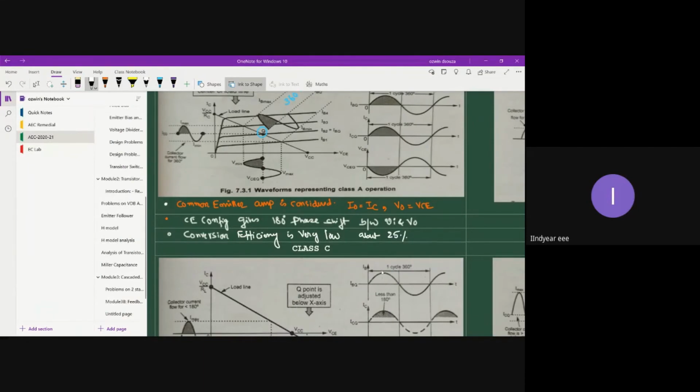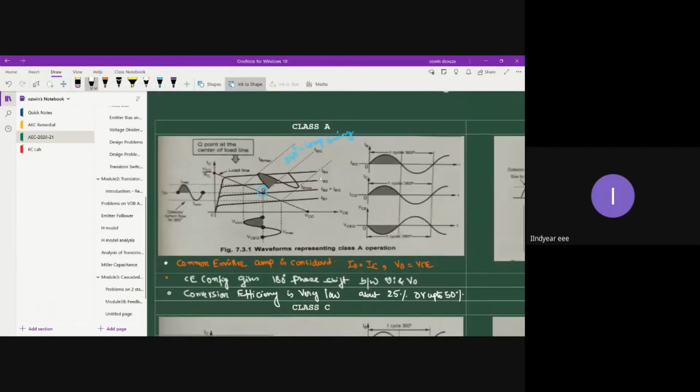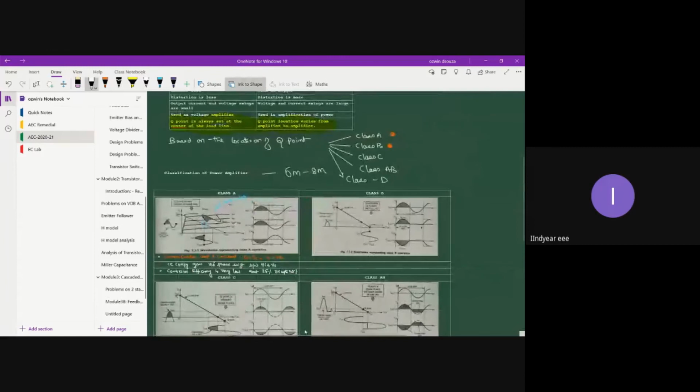The conversion efficiency is about 25%, and with a transformer, you can increase it up to 50%. That's the maximum conversion efficiency you can expect from a class A power amplifier. I'll tell you why exactly you get lower efficiency in spite of getting a symmetrical output waveform. We'll discuss in detail when we take up class A power amplifier topic. All right, fine. So that's about the class A power amplifier.